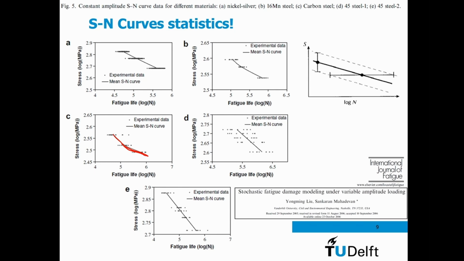Because if I take for example this point, and the distance between here and here, that is almost the same length as here and there. That means that the variation, this is a spread of 10 times. So the exact same specimen fails here 10 times later than there, almost.